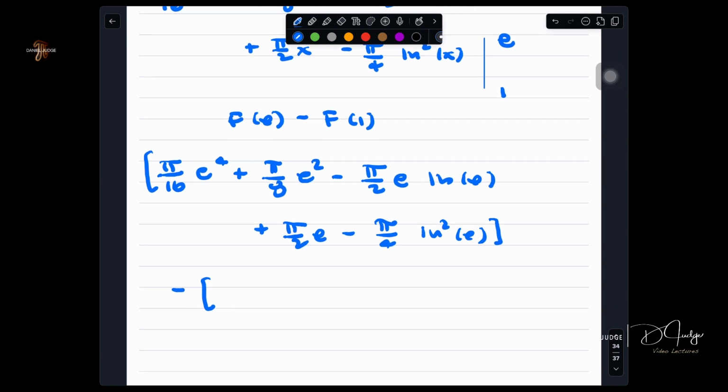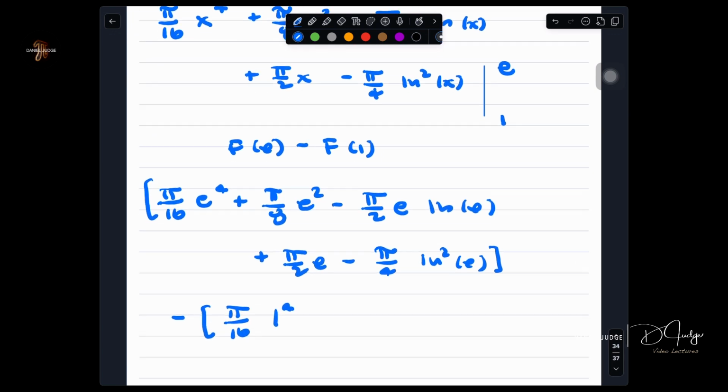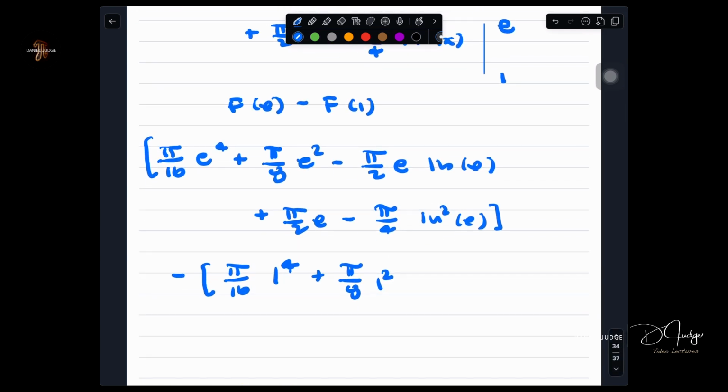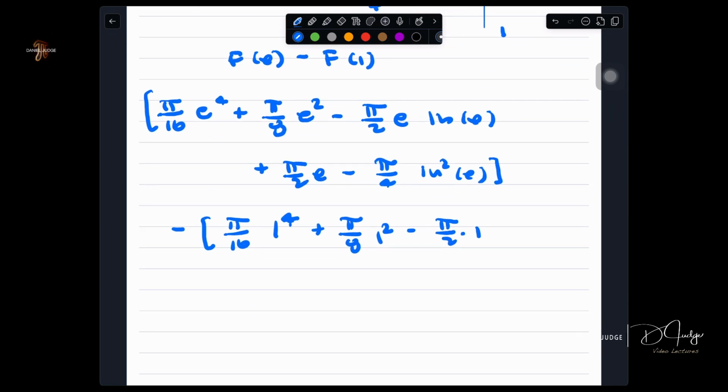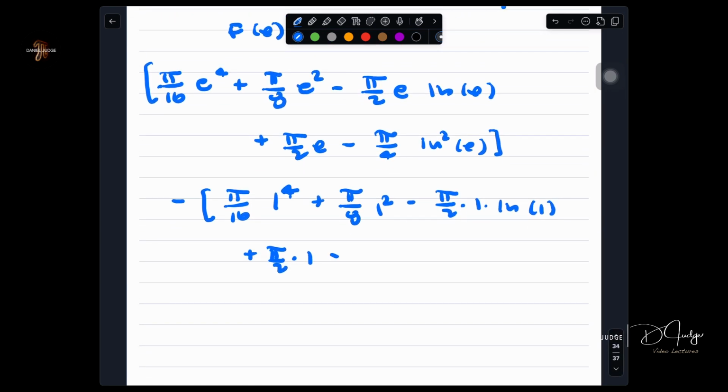evaluate this with x is 1 now. Pi over 16, 1 to the 4th power, plus pi over 8, 1 squared, minus pi over 2 times 1, natural log 1, plus pi over 2 times 1, minus pi over 4 natural log squared of 1.